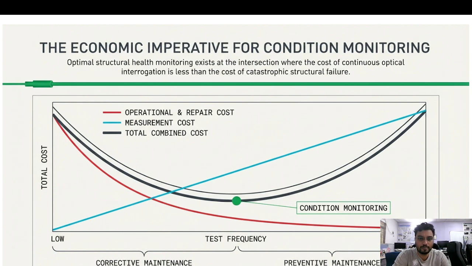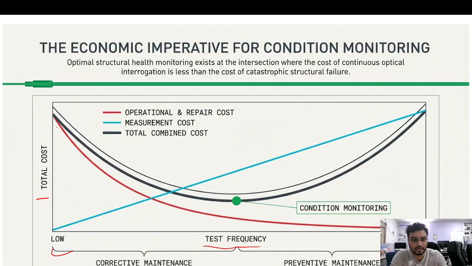The economic imperative for condition monitoring. Optimal structural health monitoring exists at the intersection where the cost of continuous optical interrogation is less than the cost of catastrophic structural failure. You can see here total cost, corrective maintenance, preventive maintenance, and on the x-axis the test frequency from low to high, and operational repair cost.